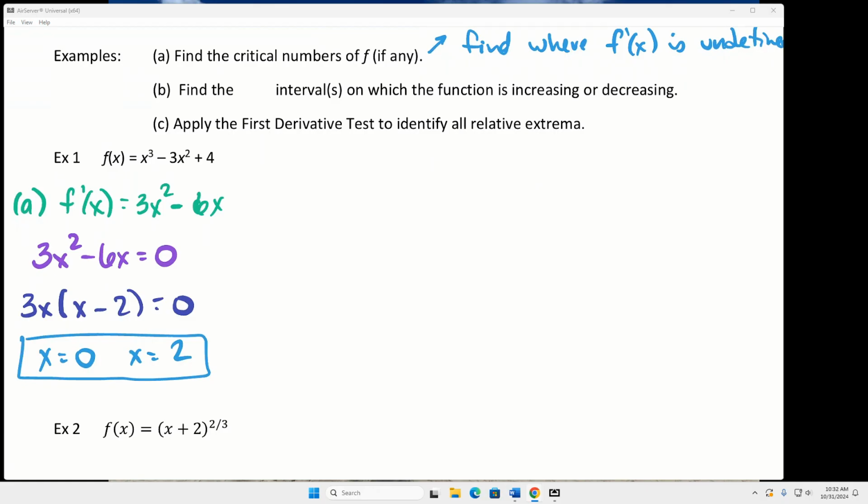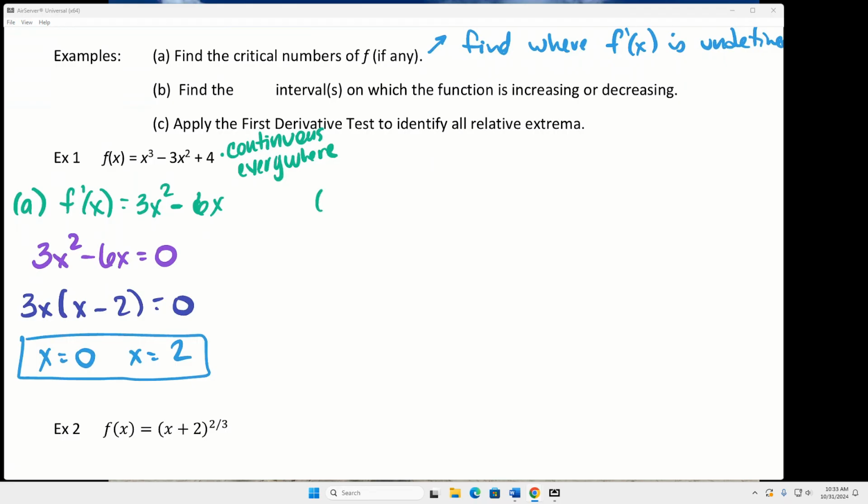All right, now I'm going to go back up and just make a note that this is continuous everywhere. That matters as we're doing these problems. Because it's polynomial functions, they're continuous and differentiable everywhere.